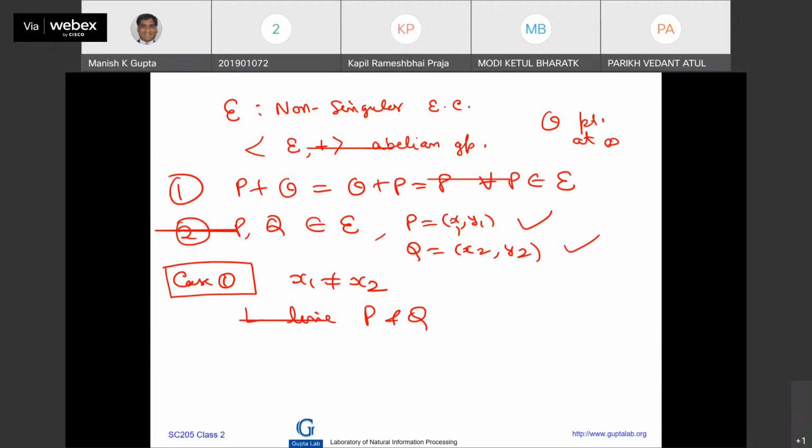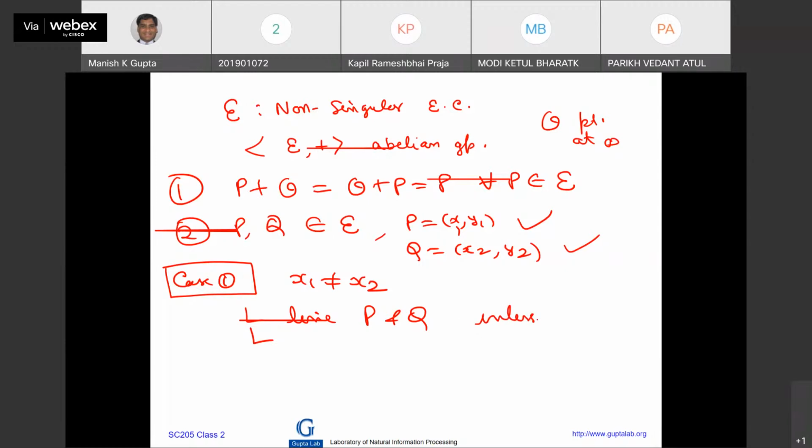There is a property, I am not proving it, but I am just telling you: if P and Q are 2 points on the curve, and you draw a line by connecting P and Q, that line will intersect another point R prime on the curve. Third point, it will intersect on the curve.